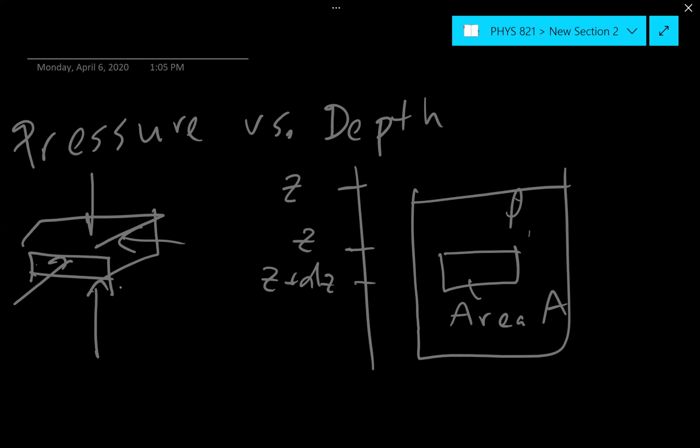Every point of the slab has a pressure being exerted on it by the fluid around it, because pressure is just a force everywhere on the object. The ones on the side all cancel out, but the ones on the top and the bottom do not.